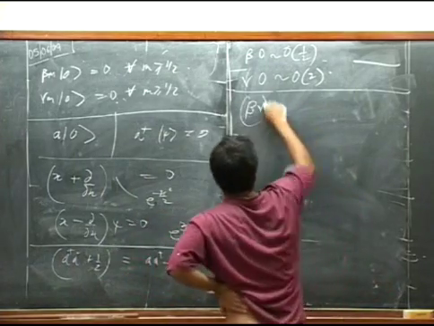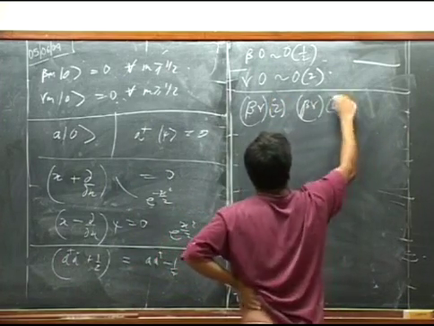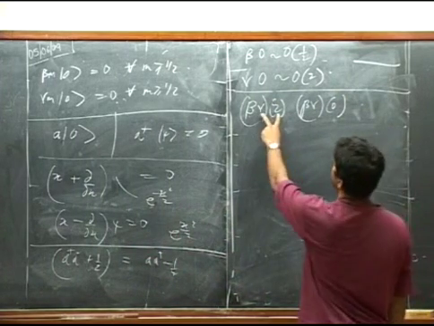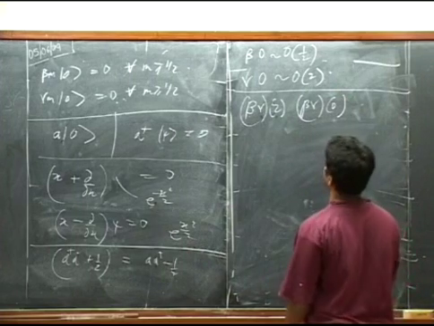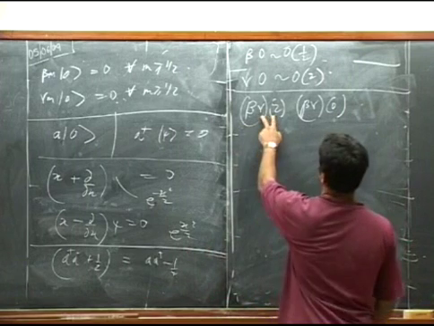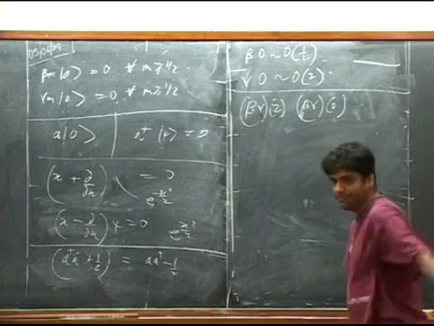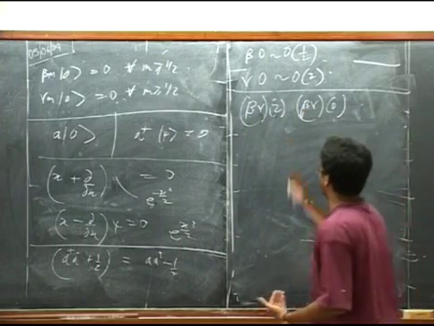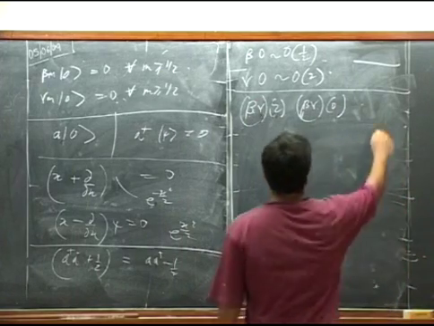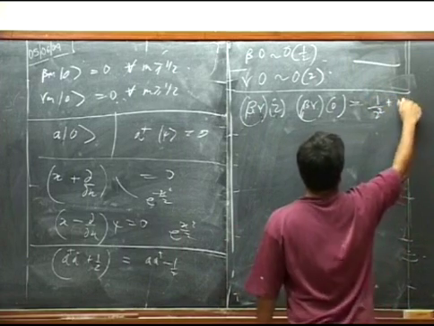And let's look at the OPE of beta gamma at z with beta gamma at 0. The singularity structure is very simple. The leading singularity has gamma contracting with beta, that gives us a 1 by z, and beta contracting with gamma gives us a minus 1 by z. So the leading singularity is equal to 1 by z squared plus so on.